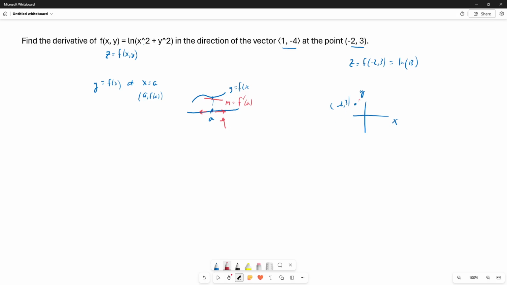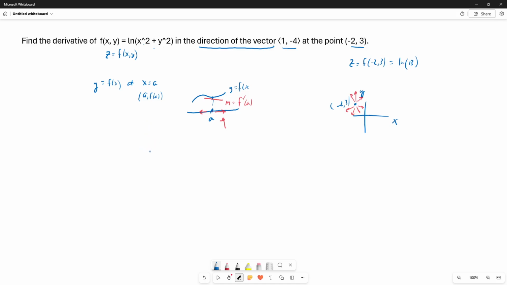There are infinitely many different directions that we can move in from this point. It's not like the x-axis where there are only two directions and we pick one as the default. So we have to specify a direction. If there are two or more variables, there are infinitely many directions from any particular point in the domain.